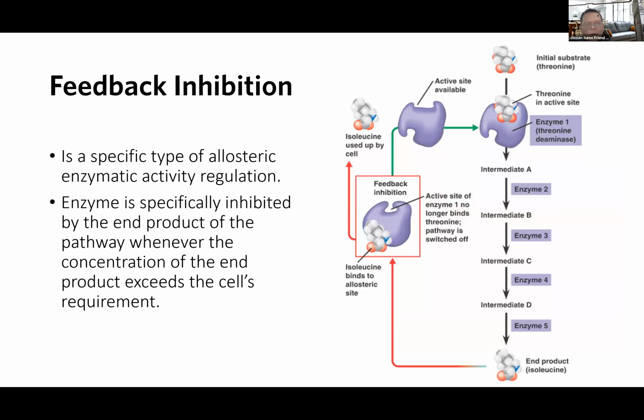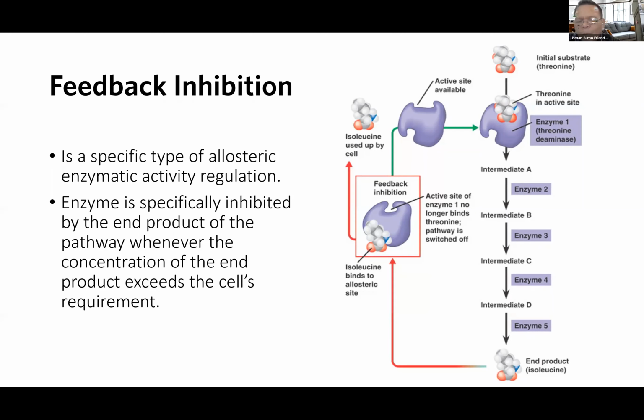Now let us move to feedback inhibition. Feedback inhibition is a specific type of allosteric enzymatic activity regulation. The enzyme is specifically inhibited by the end product of the pathway whenever the concentration of the end product exceeds the cell requirement. Let's see, for example, this slide.